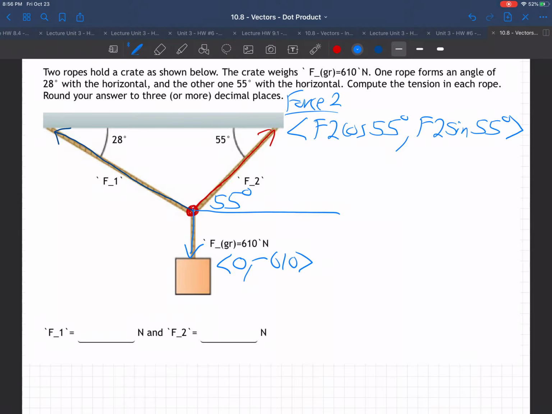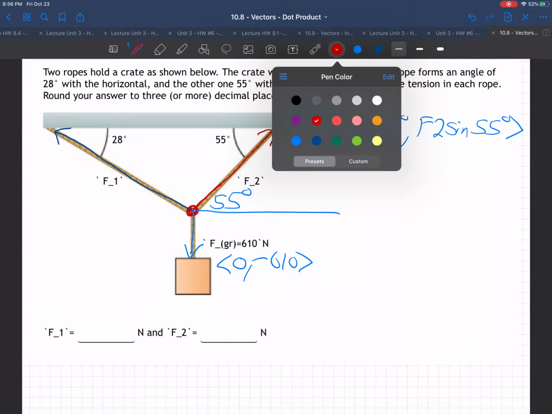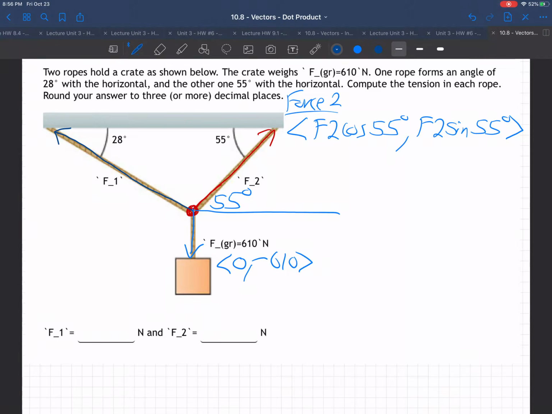Okay, now the harder one is going to be force 1.